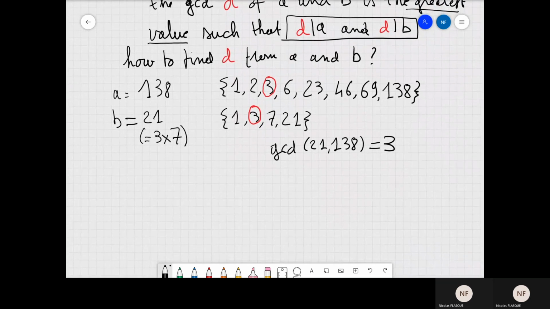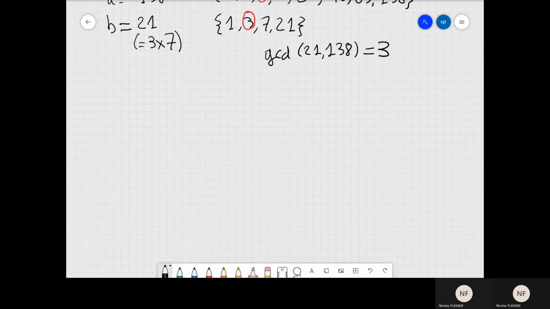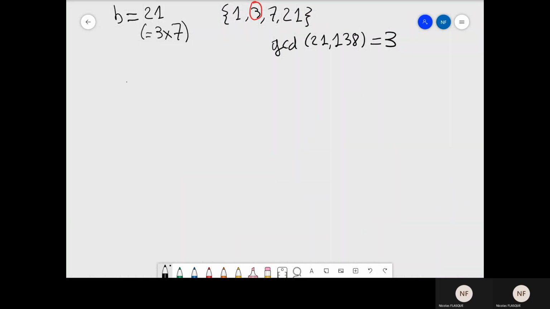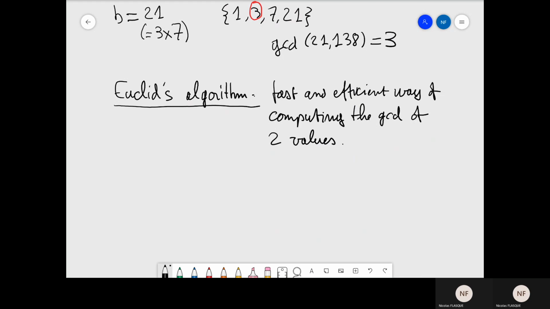So in order to have a method which is efficient at computing the GCD of two numbers, one can use Euclid's algorithm, which is a fast and efficient way of computing the GCD of two values.